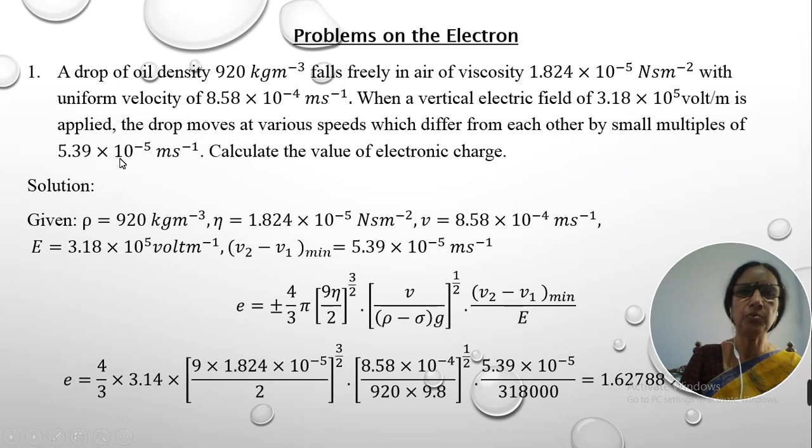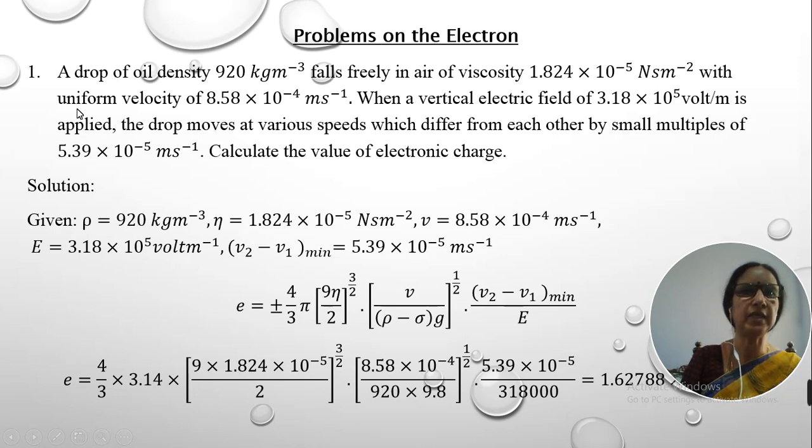Okay, so this problem is based on the final expression we obtained while deriving the expression for the charge of an electron in the Millikan oil drop method. First, let us take the given values one after the other. The density is given as 920 kg per meter cube, and the coefficient of viscosity, that is eta, is given.